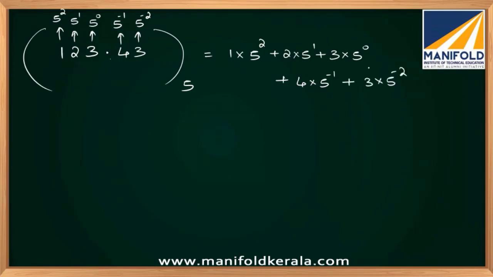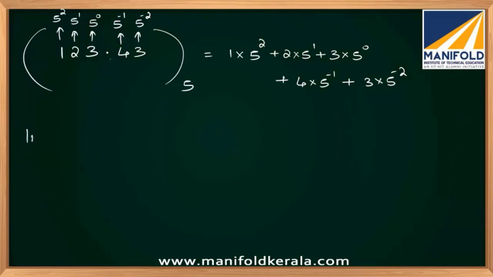I'm not calculating this number; you can do it yourself, what is 4 by 5, what is 3 by 25. I'm just showing you how to convert a number from any base number system to decimal, and to be familiar with the positional weight system.